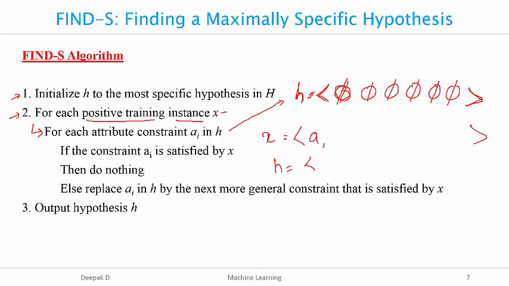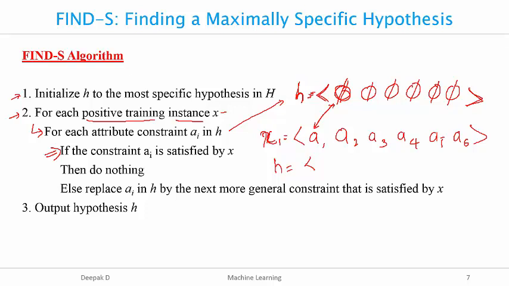See here, in x you have different values with respect to attributes A1, A2, A3, A4, A5 and A6. Assume these are the attribute values of this particular instance, and let's consider it as x1. What this statement says: if the constraint ai is satisfied by x, then you are not supposed to do anything.